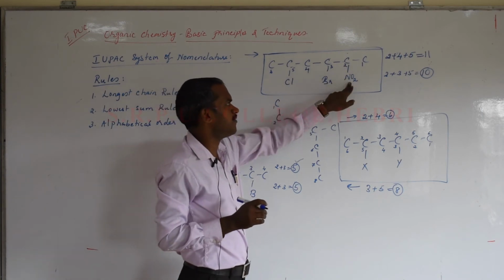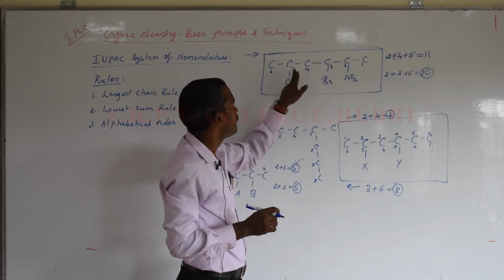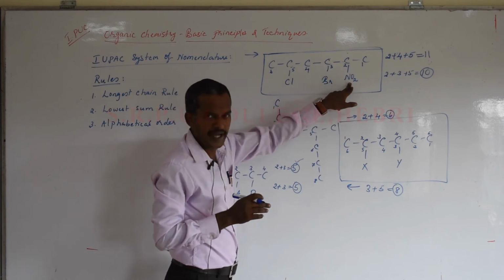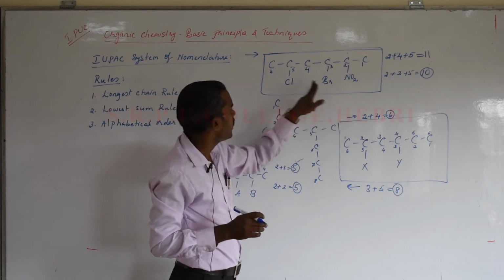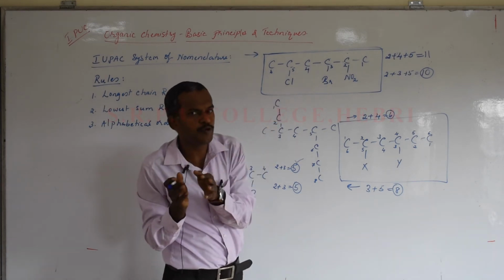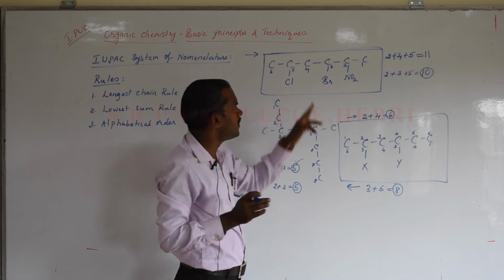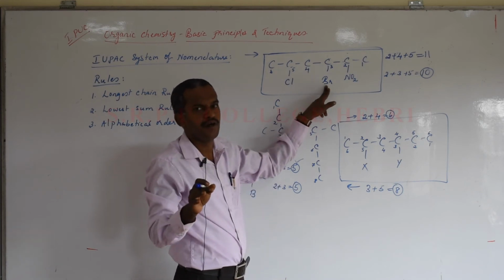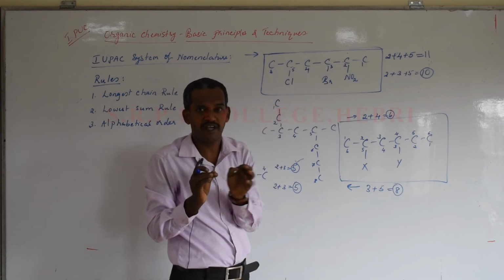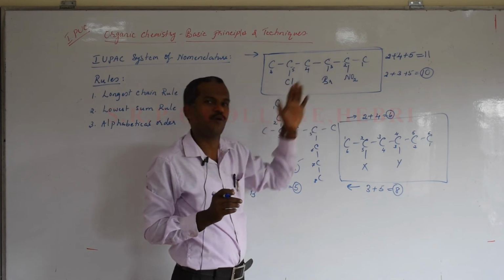Second carbon atom having a nitro group, third carbon atom having a bromine, fifth carbon atom having chlorine. As substituents, we call them nitro, bromo and chloro. Clear? How you name that group and how you use it as a prefix, there is a small difference. Bromine is an atom or a molecule as a species, but as a substituent we call it bromo, chloro, nitro, like that.